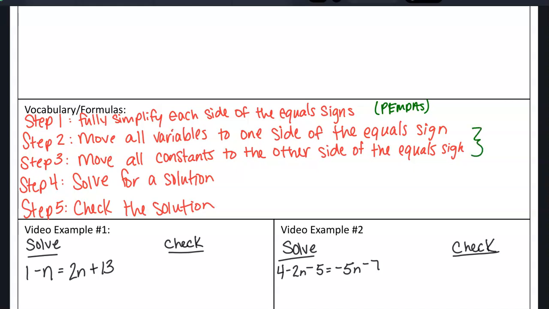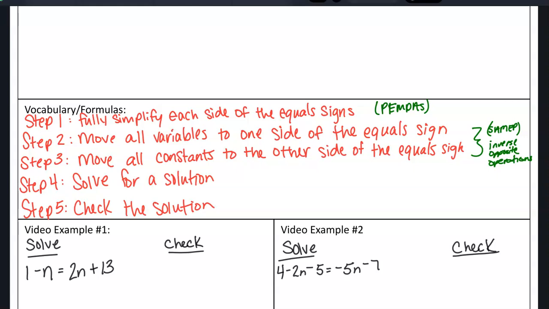So this is when we start our solving steps, and remember solving is SADMEP, which is PEMDAS backwards, and we use inverse or opposite operations. Anytime you're simplifying, you are using the operations that are clearly written, clearly visible, but for solving, that is when we use those opposite operations.